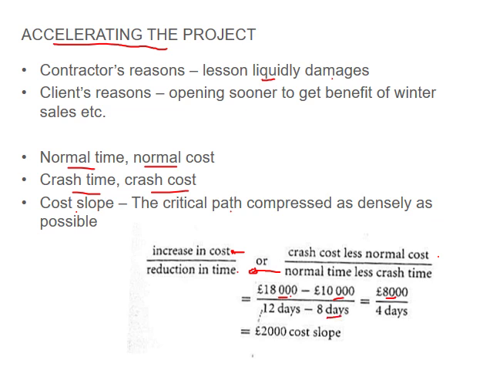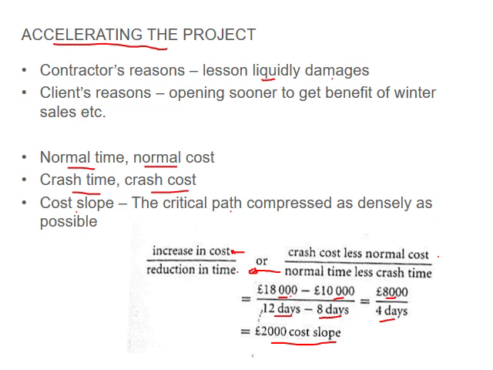Your normal time is 12 days, and then your accelerated time is 8 days to give you 4 days, and simply you divide your difference in cost over your difference in days to get your cost slope. Fairly easy, standard. All of this is within your textbooks.